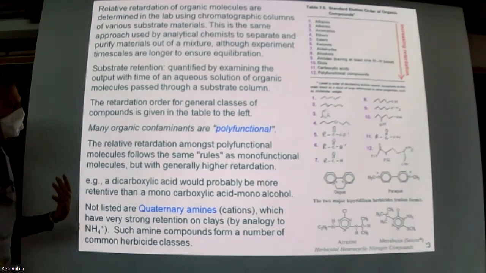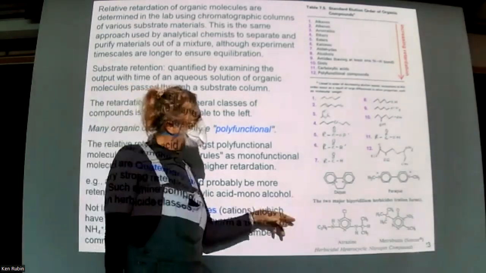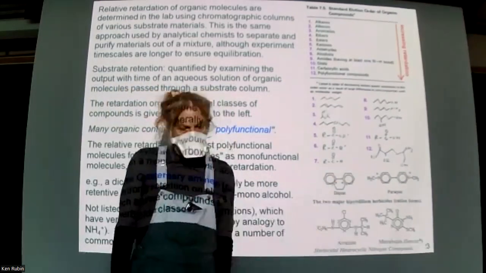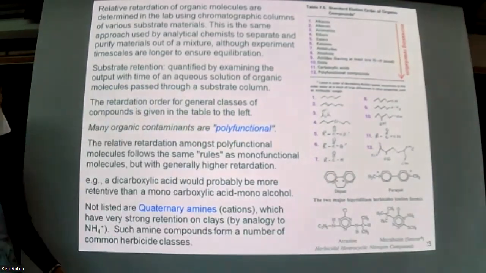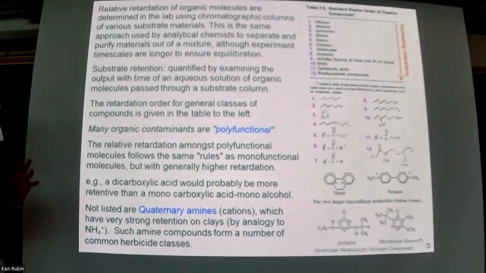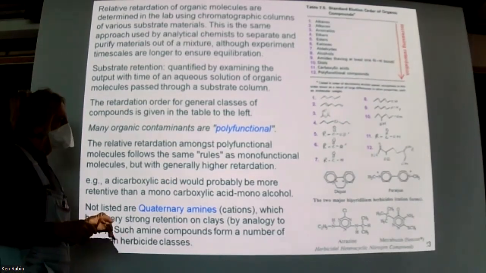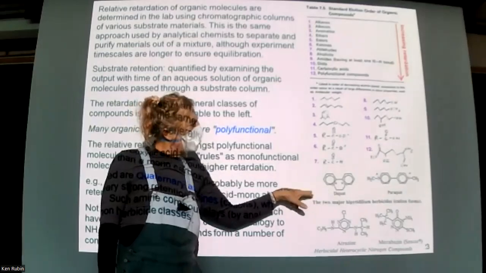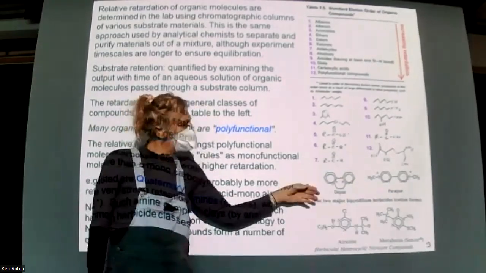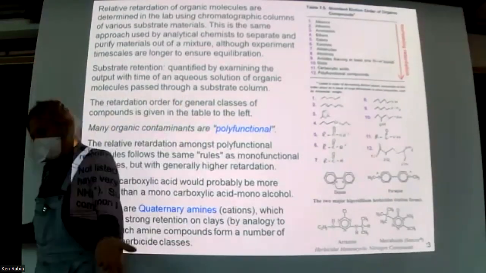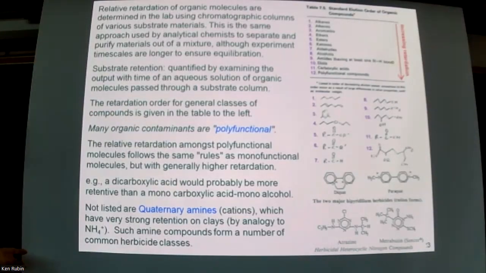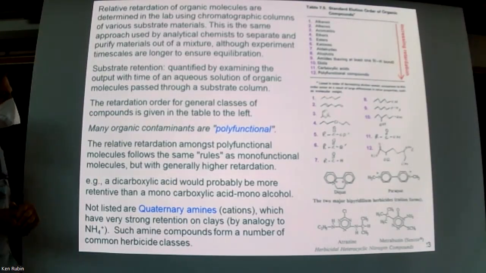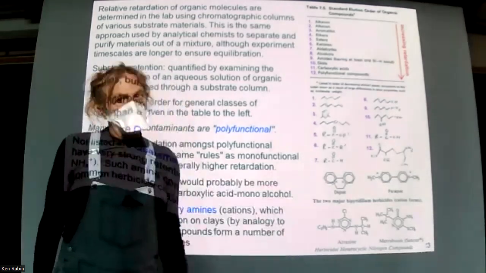We can even have some chemicals, which we talked about when we covered organic chemistry. Remember, I talked about quaternary ammoniums. These are chemicals that have four things bonded to a nitrogen, which forces it to have a plus charge. These seem to be highly retained. Diquat and paraquat are two common pesticides that stick on the soil particles very effectively because of that charge.